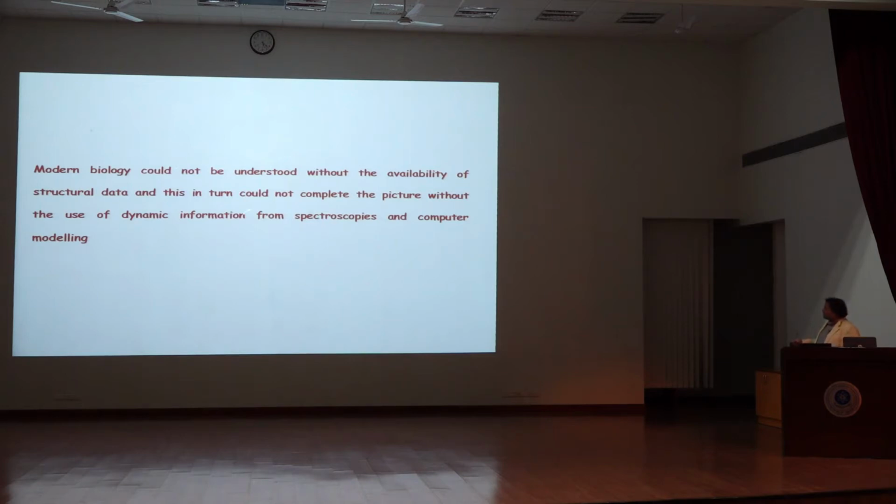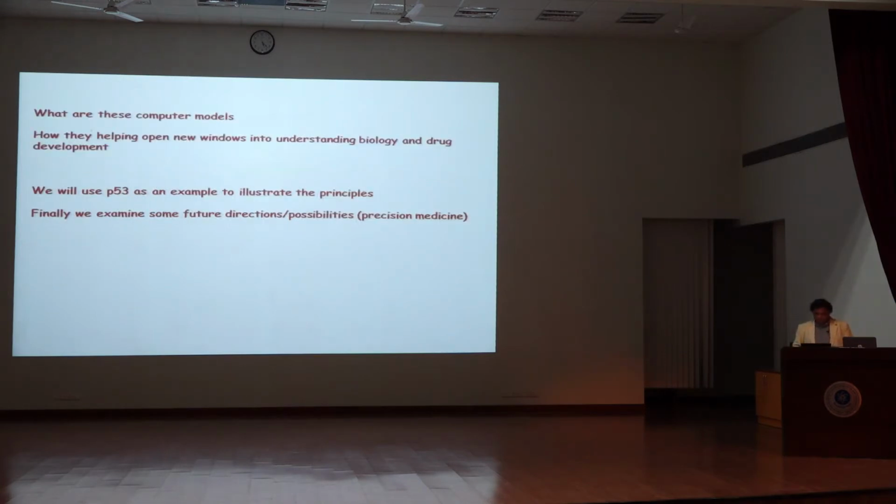And then, of course, the developments in spectroscopies of various kinds, the latest being very advanced resonance Raman spectroscopies, for example, and more computer modeling are beginning to provide a lot of very, very interesting insights into this. So then you may ask, so what are these computer models that one talks about?